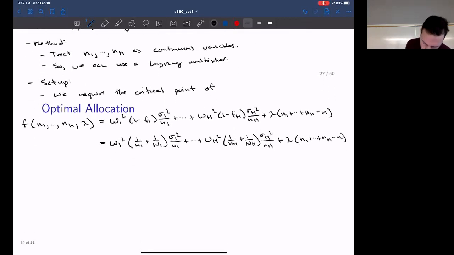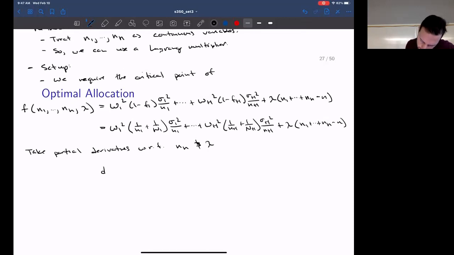Okay, so then we take partial derivatives with respect to little nh and lambda.